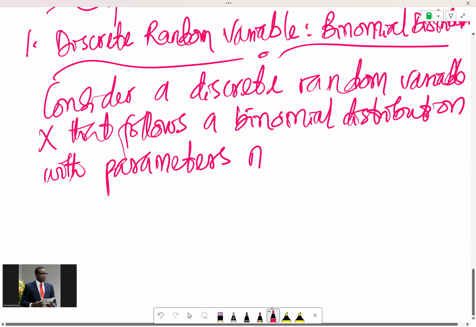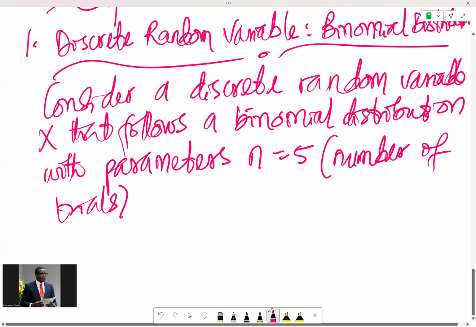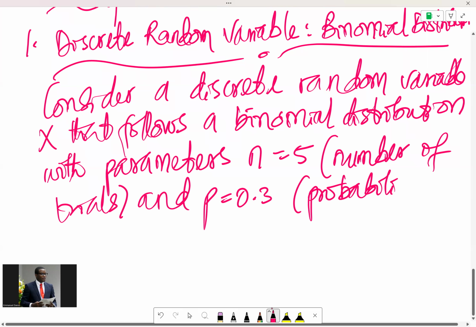So with parameters n equals 5, that's the number of trials, and p is 0.3. That's actually the probability of success in each trial.